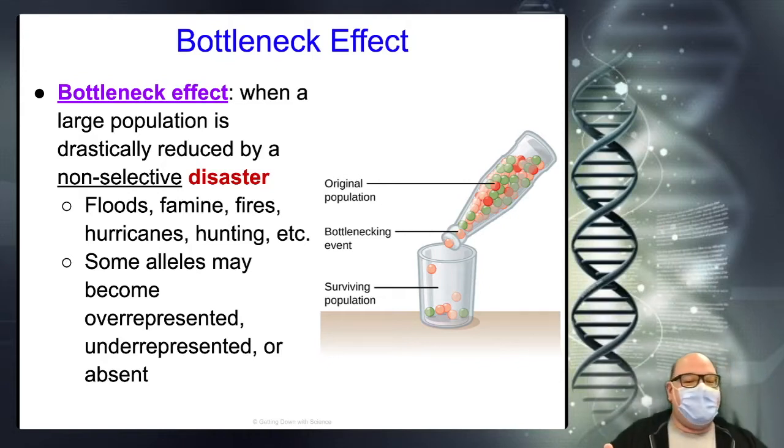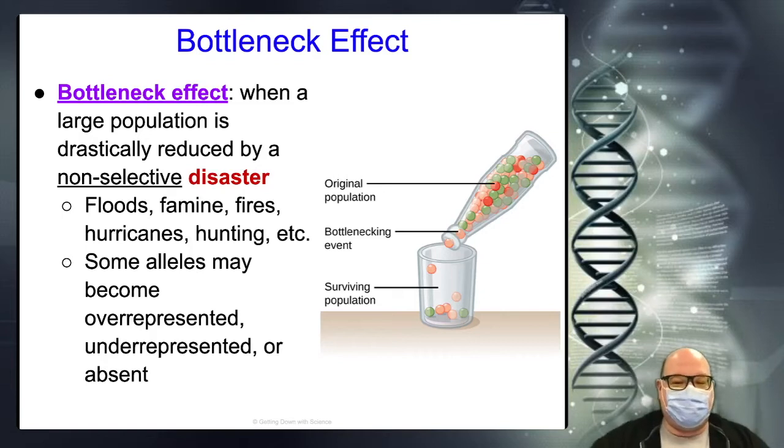So any kind of big flood, famine, fire, hurricane, hunting. The hunting could be by humans, or it could just be by introducing a new species to the area. We will get some bottlenecking occurring.